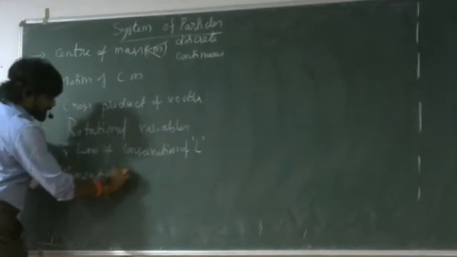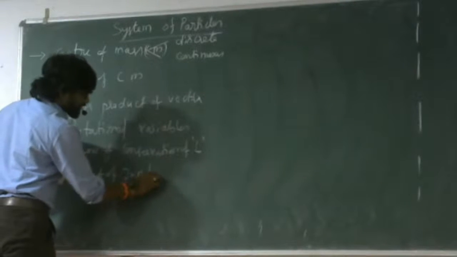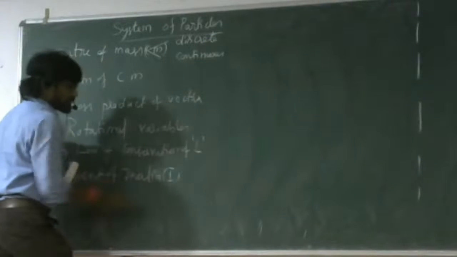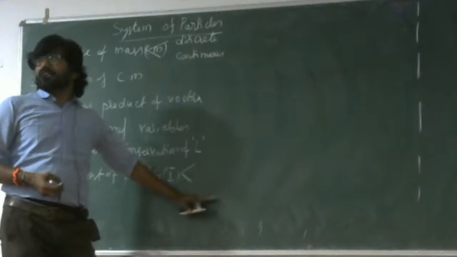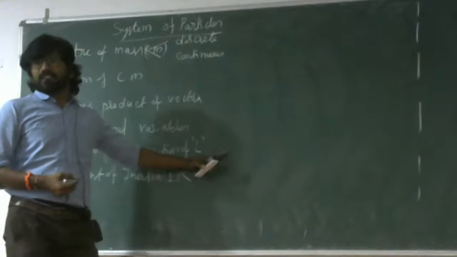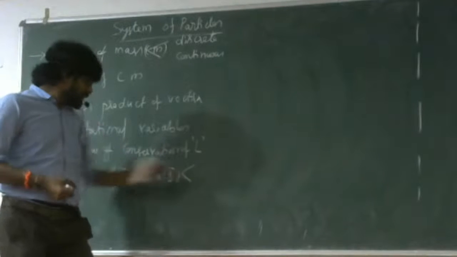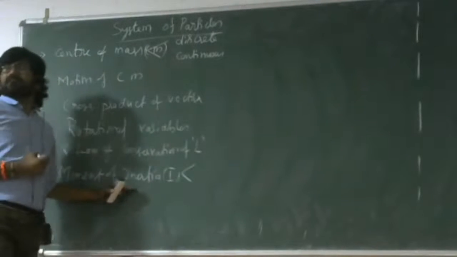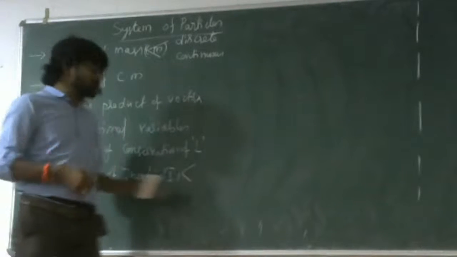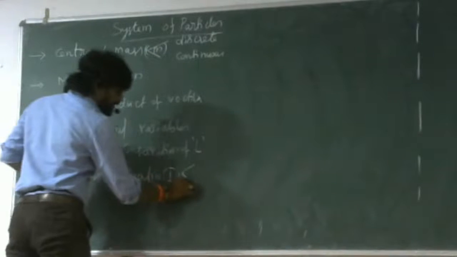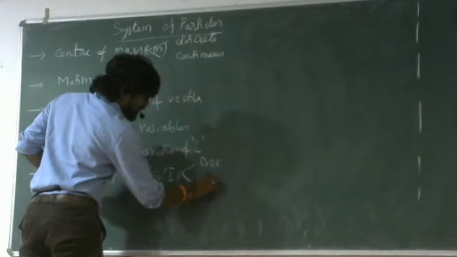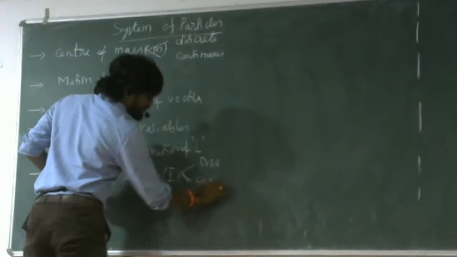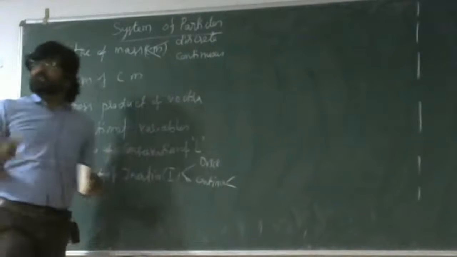Then we will discuss briefly about moment of inertia, denoted by I. Here we will discuss how to find moment of inertia of discrete particles and continuous mass bodies. While discussing continuous mass bodies, we will use two theorems.